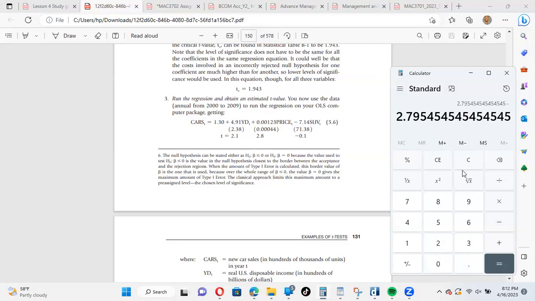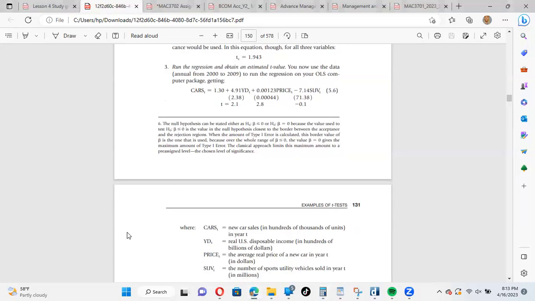We have minus 7.14, and we are dividing that by 71.38. It gives us pretty much minus 0.1. So that minus 0.1 is less than that. Therefore, we do not reject the null hypothesis. That's what they are saying there.